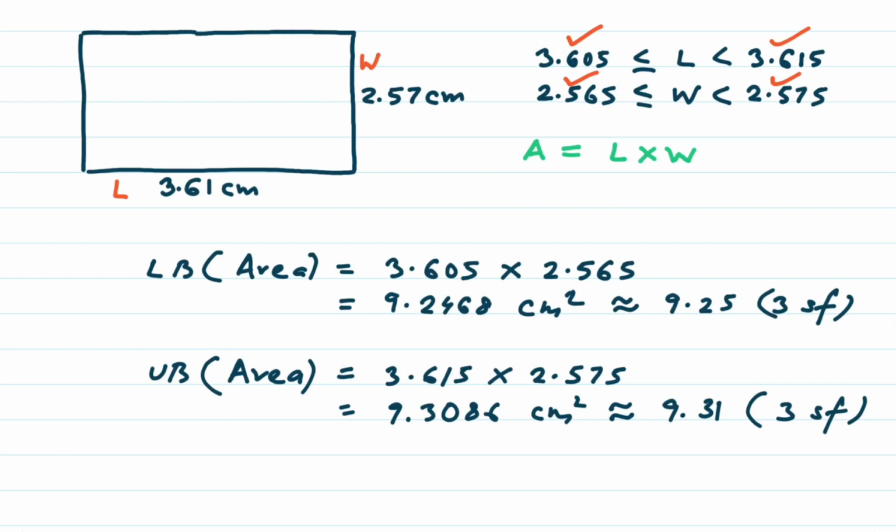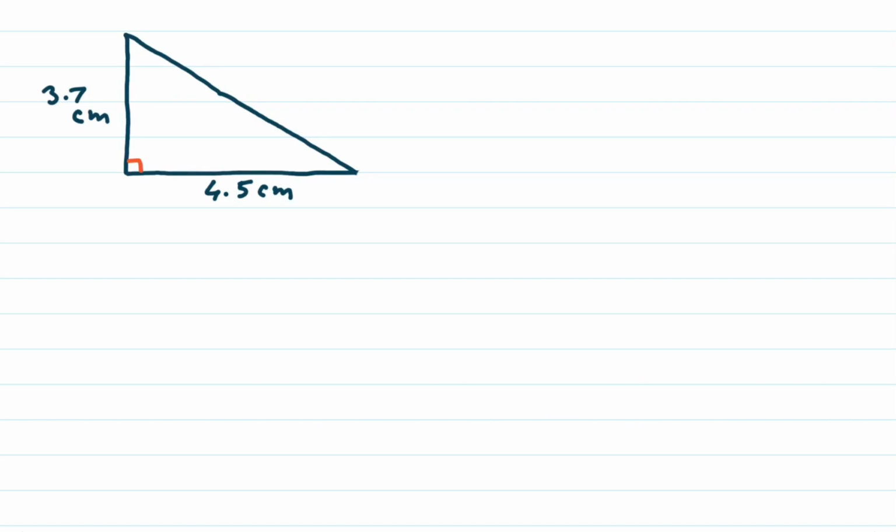Let's take another example where we have a right-angled triangle whose base is 4.5 centimeter and the height is 3.7 centimeter. Like the previous example, first of all, we'll get the lower and the upper bound for the base and the height.